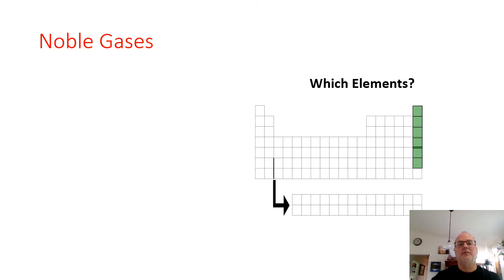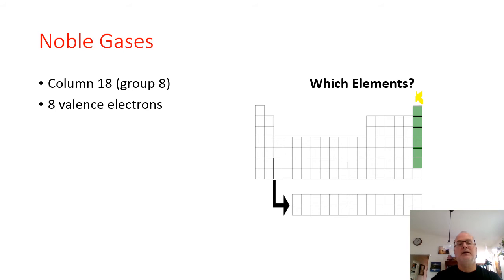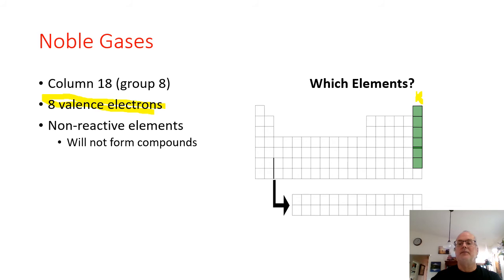The next group that we're going to look at here is group number 18. These are called the noble gas family. They all have 8 valence electrons that are found in their outer energy level. They're all very non-reactive elements, meaning that they will never form compounds at all. So that's something to note later when we talk about compounds in our next unit, that you'll never find a compound that has a noble gas in it.